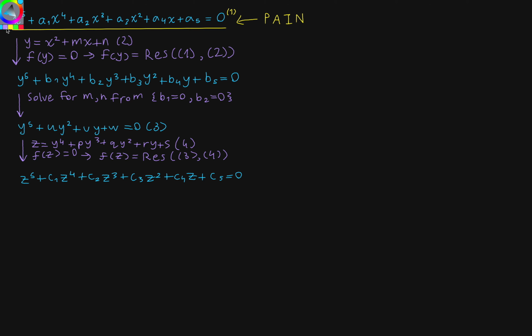Now, for the solving part for the coefficients, we're going to solve for p, q, r, and s from this set of equations. It's going to be, again, the first three except the leading term set equal to 0. So c1 is equal to 0, c2 is equal to 0, c3 is equal to 0, and then one more embedded coefficient, which we'll call e1, to be equal to 0.